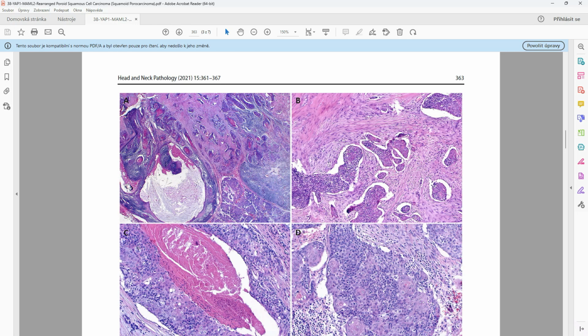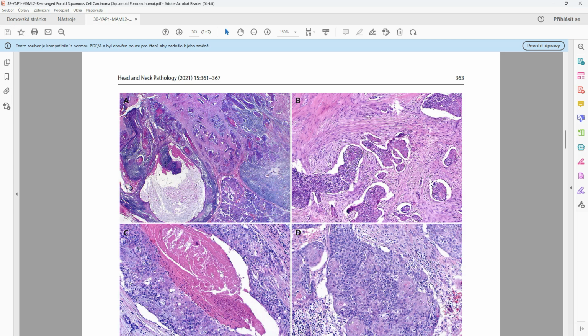I believe that it's quite similar to our case, at least this picture. And this paper, which I'm showing you, is the first and the only case report, written by Abbas Akaimi and colleagues, as YAP1 MAML2 rearranged poroid squamous cell carcinoma, primary presenting as a parotid gland tumor, which is nice.